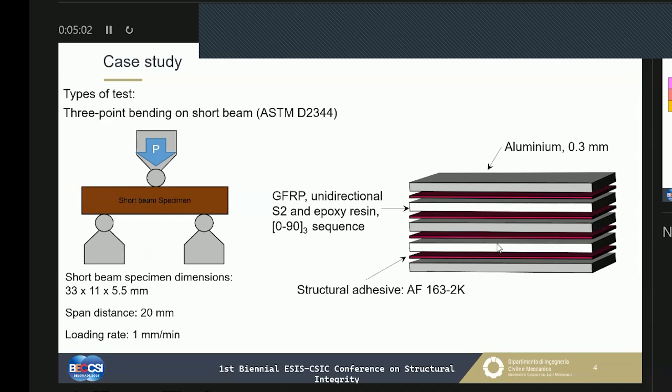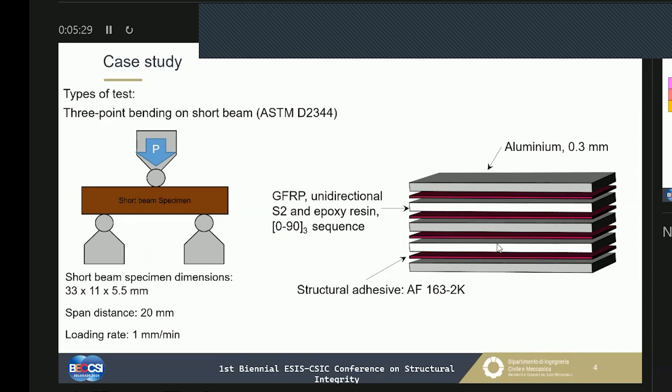starting from the thickness of the specimen. So the thickness of this specimen was 5.5 millimeters. The width of the specimen must be, according to the standard, twice the thickness, so it was 11 millimeters. The length should be 6 times the thickness, so it was 33 millimeters.